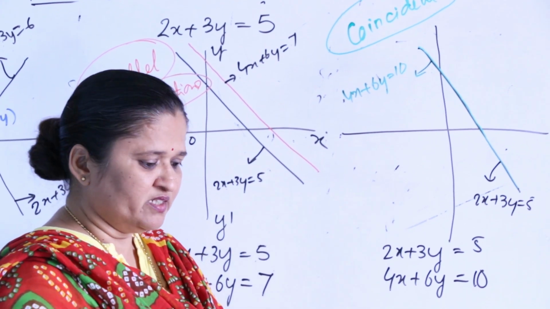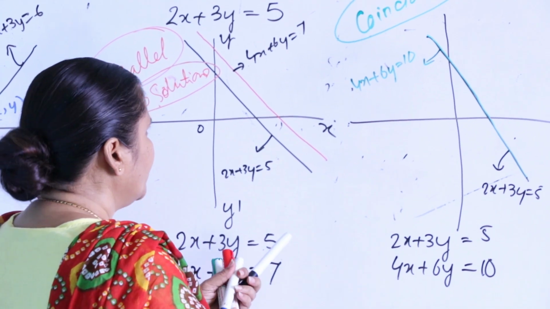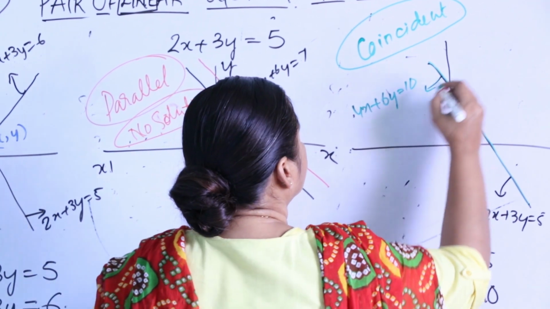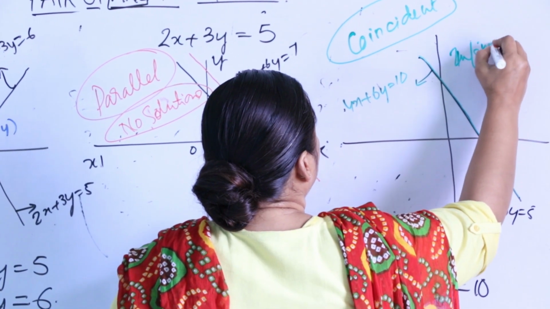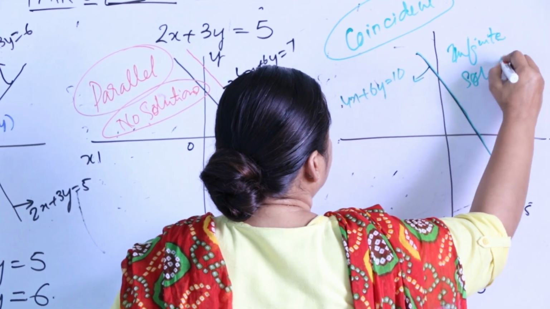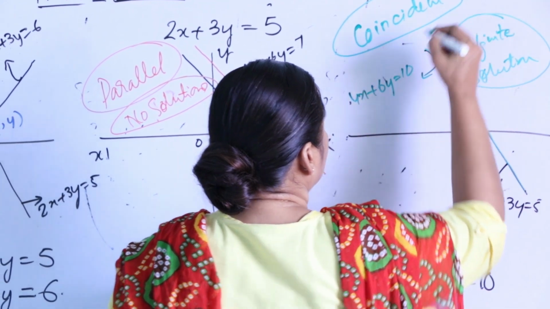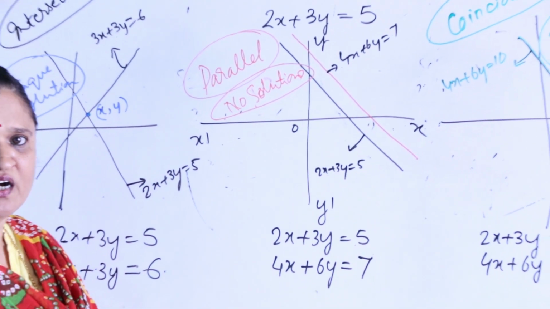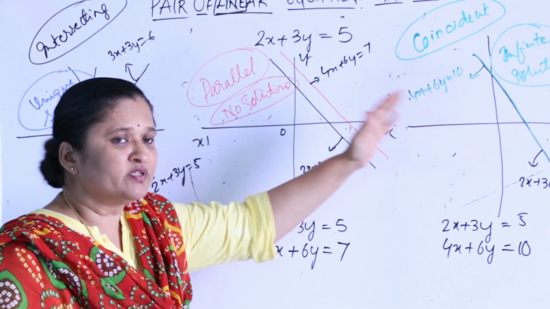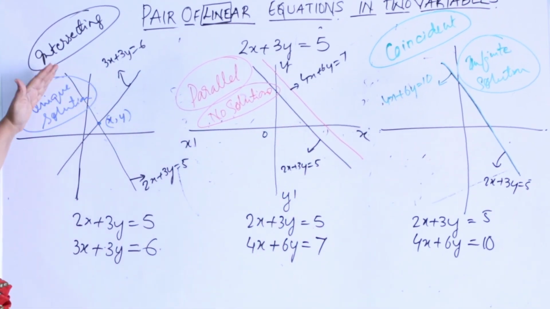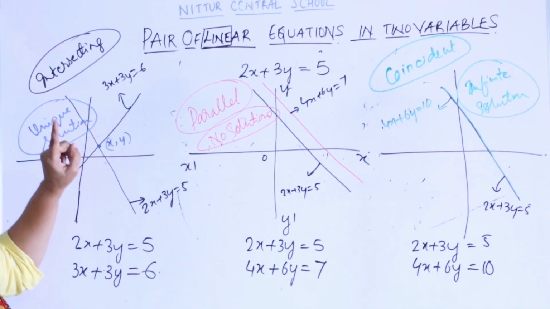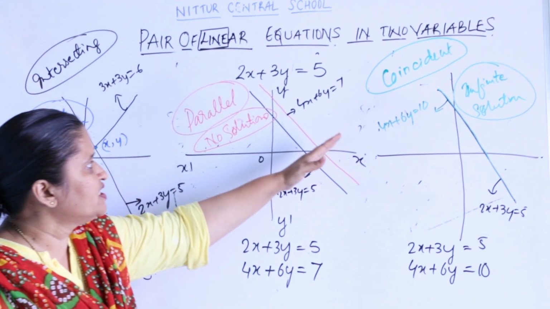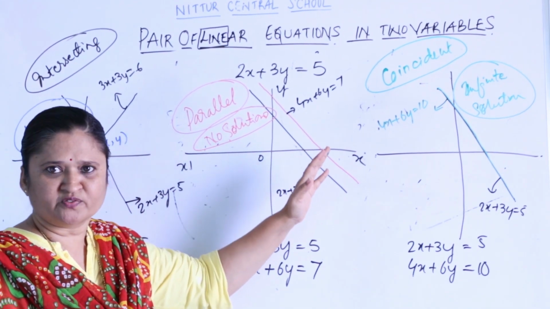So this set will have infinite solutions, meaning there are infinitely many pairs which are solutions to both the equations. So, intersecting means a unique solution, one solution. Parallel means no solutions. Coincident means an infinite number of solutions.